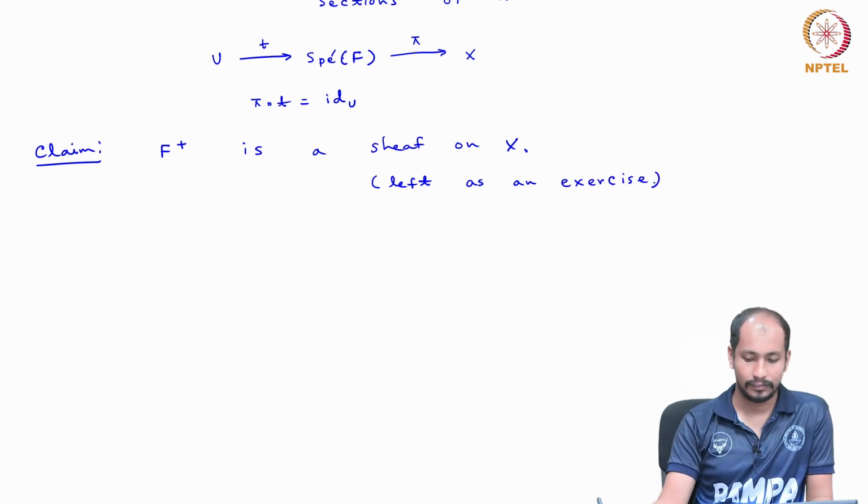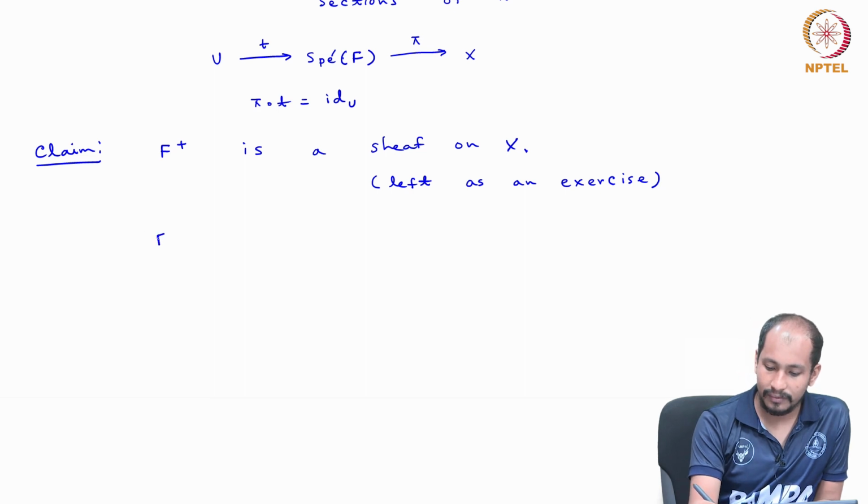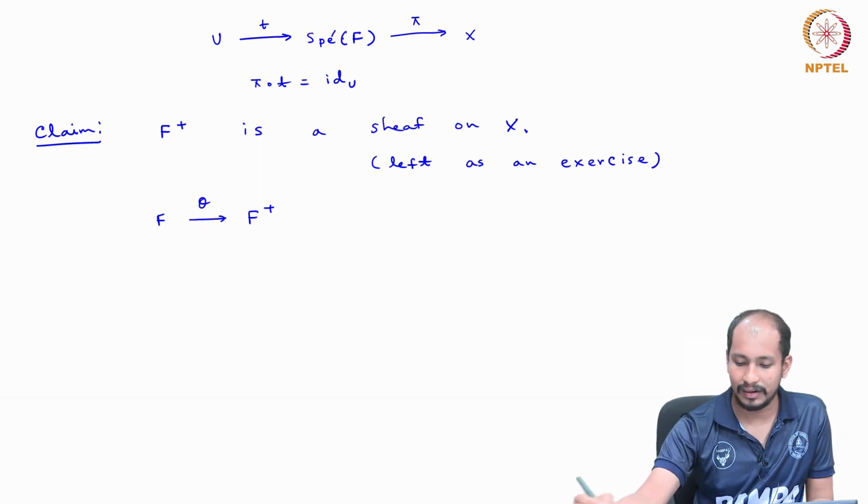Okay. Now, we have a map from F to F plus. We have a natural map.